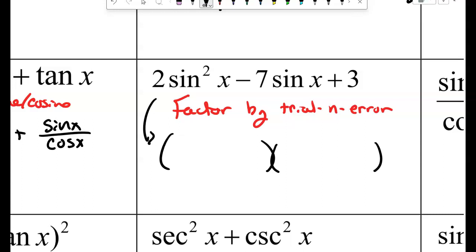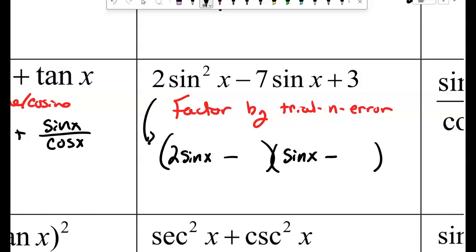All right, is there a greatest common factor? No. So what are our signs inside the parentheses before we do anything with numbers? Minus, minus. Guys, factors of 2 sine squared x. Yeah, 2 sine x and what? 1 sine x, right? Awesome. Factors of 3. 3 and 1. Where should I put the 3?